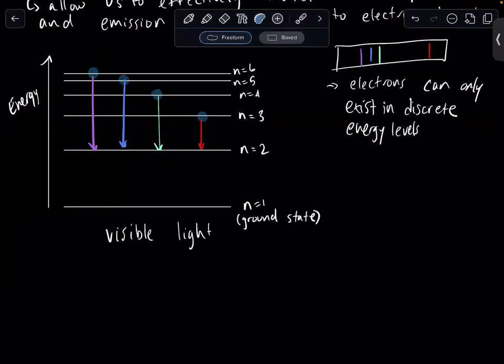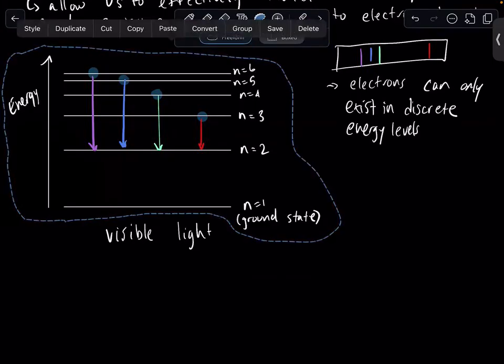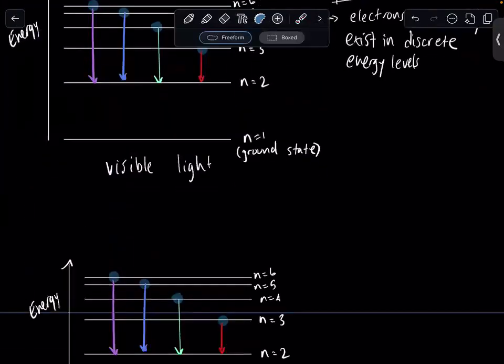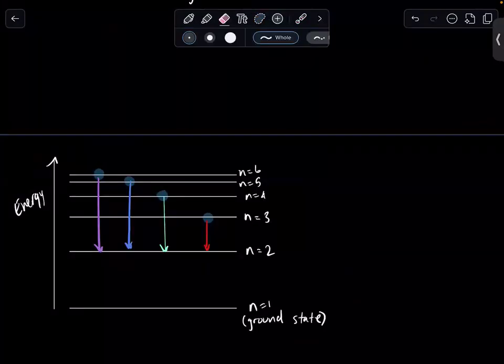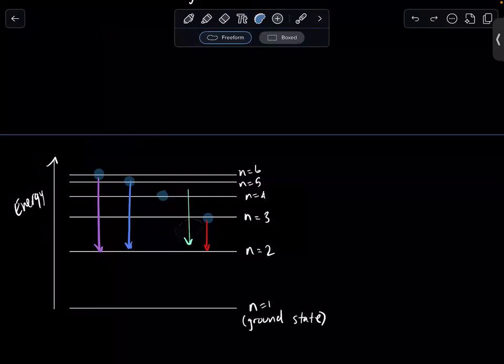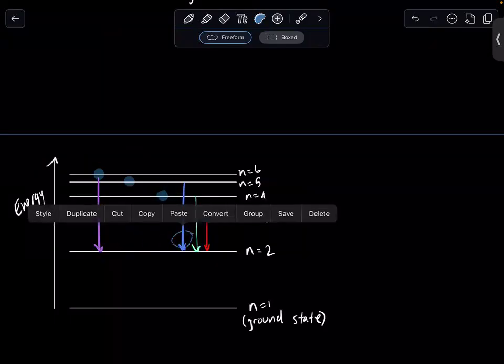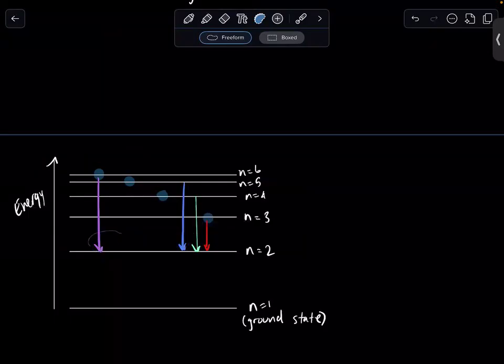So we can actually take this entire diagram, which I will try and copy effectively, and I'll bring it down to a new page, and we'll get rid of these lines. Actually, instead of just getting rid of them, we'll move them. All right.